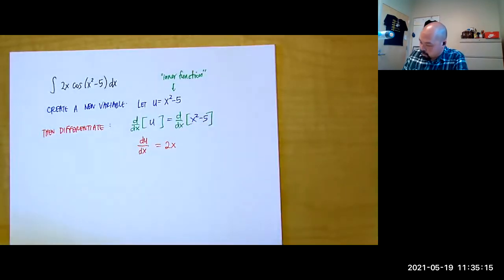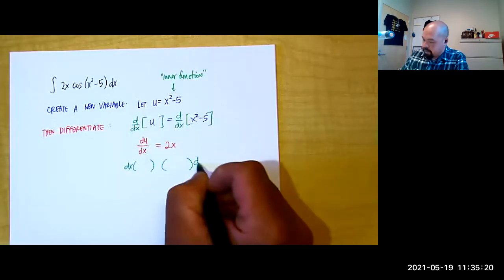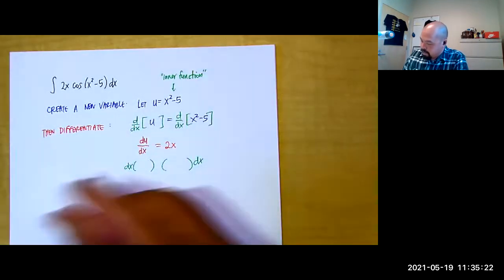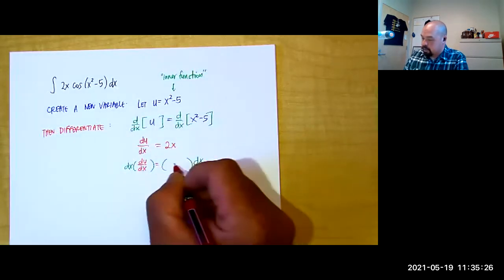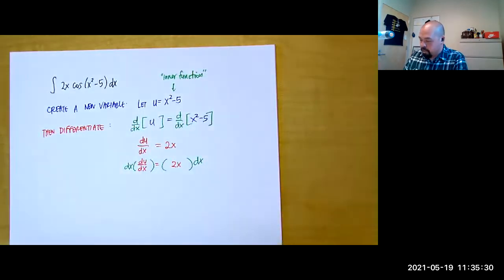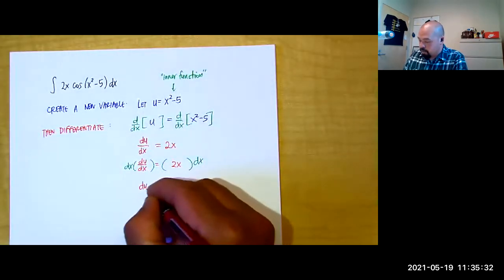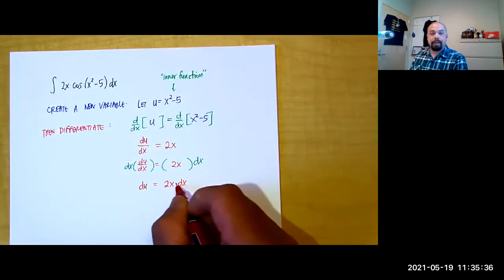We can multiply both sides by dx. Those differentials, because they are separable, we can multiply them like they're variables. So du is equal to 2x times dx.